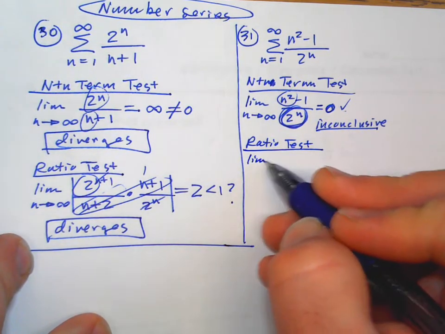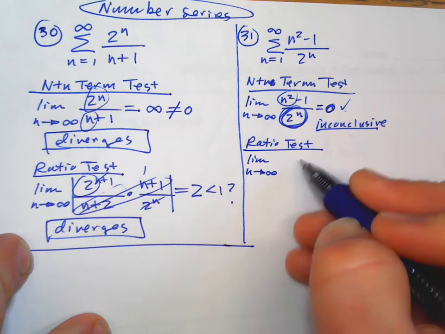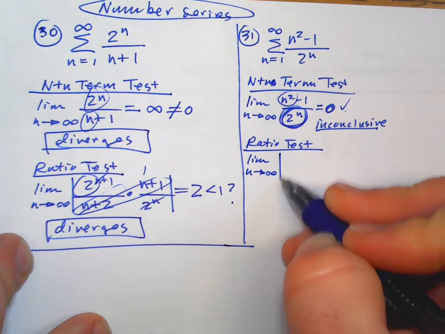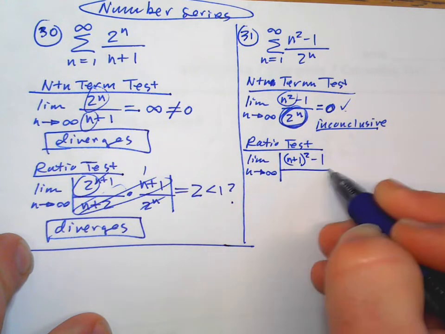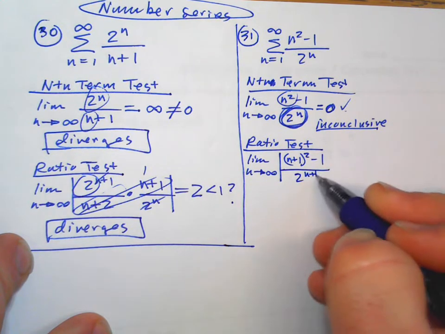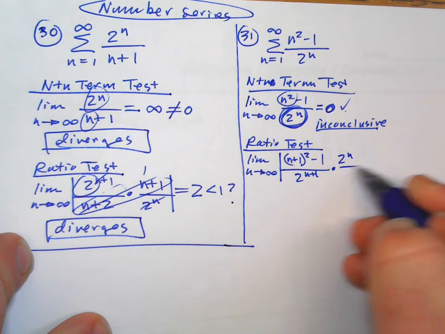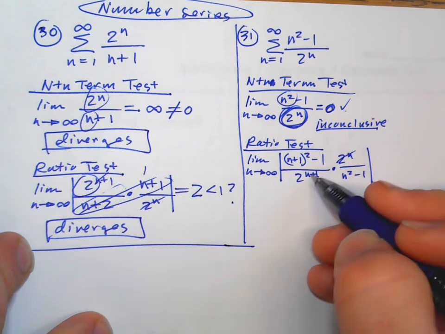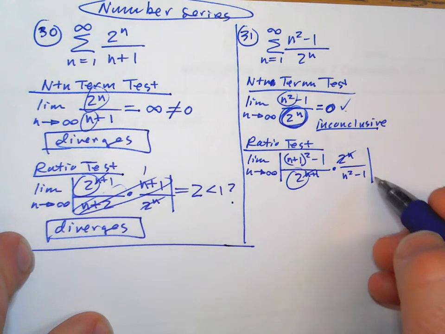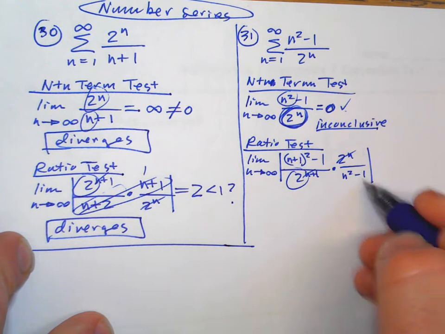Limit as n goes to infinity of the absolute value of n plus 1, you've got to put parentheses here, squared minus 1 over 2 to the n plus 1 times the reciprocal, divided by the previous term. Rules of exponents, you got a 2 here. These are going to blow up.